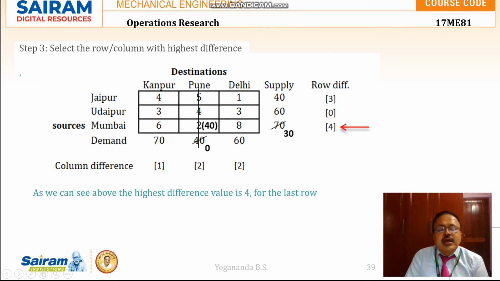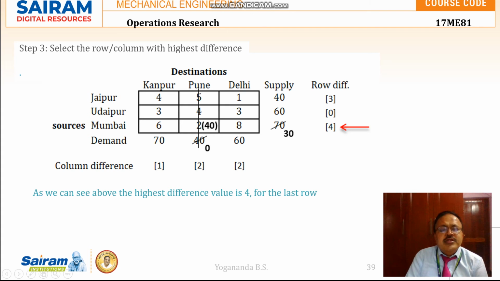So the corresponding supply is 70, demand is 40. Out of this 70 and 40, we are going to assign the smaller one, that is 40. So the requirement is 40. All the 40 units are allocated. So the demand of this destination Pune is fulfilled. So demand becomes 0.